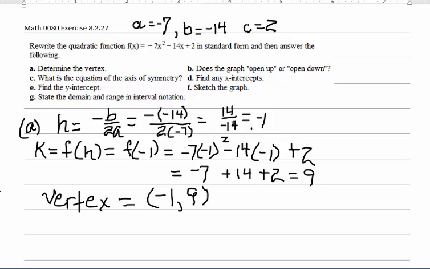Next, we want to determine whether the parabola opens up or down. We see that a is negative 7. Since that's less than 0, we know that the parabola opens down.